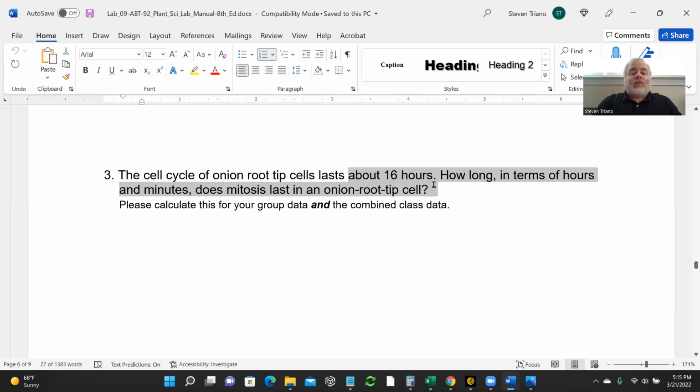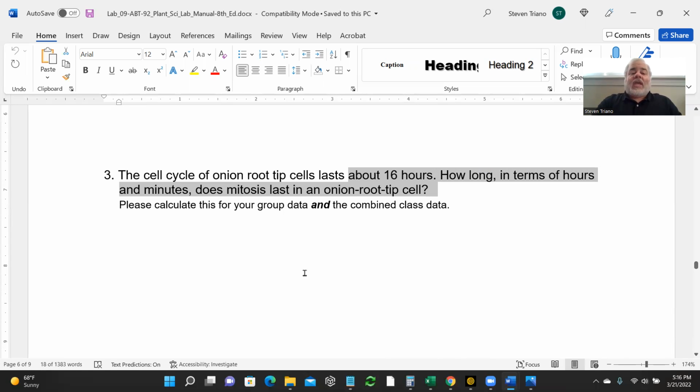How long in terms of hours and minutes does mitosis last in an onion root tip cell? So the entire cell cycle is 16 hours. How long does this last? Just the mitosis minus the interphase.